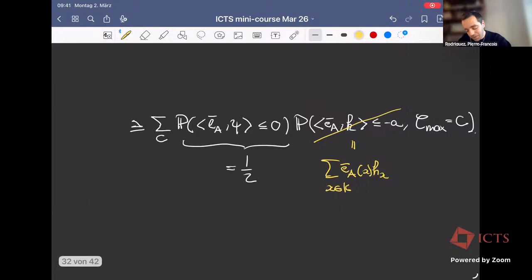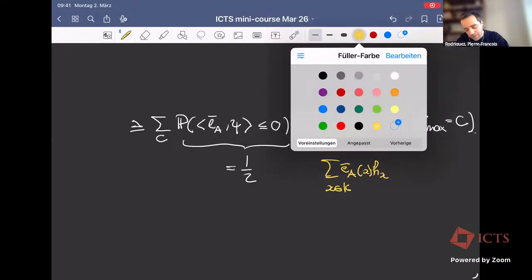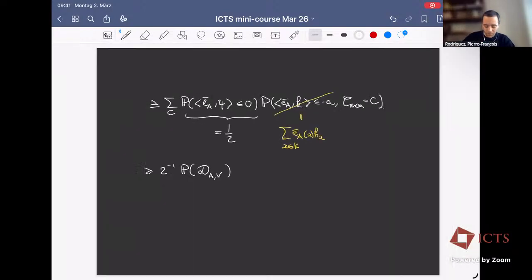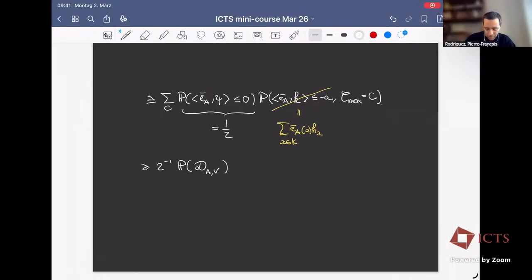So if I do an average of them, this is still automatically less than minus a. So this comes for free, so to speak, and then you can sum the decomposition of your disconnection event back into itself. So this is bigger than 2 to the minus 1 times the probability of this disconnection event.